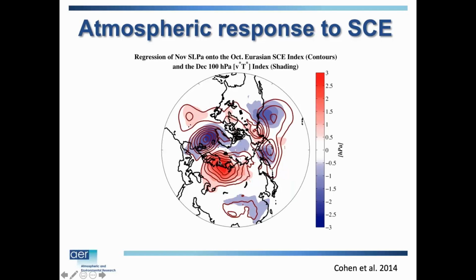When snow cover is high, you get these positive sea level pressure anomalies over the Urals and Scandinavia, and you get the opposite negative anomalies in the ocean basins.